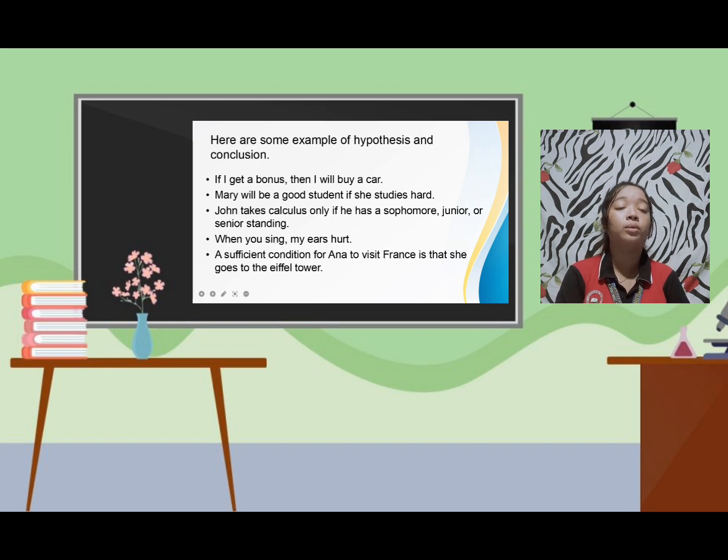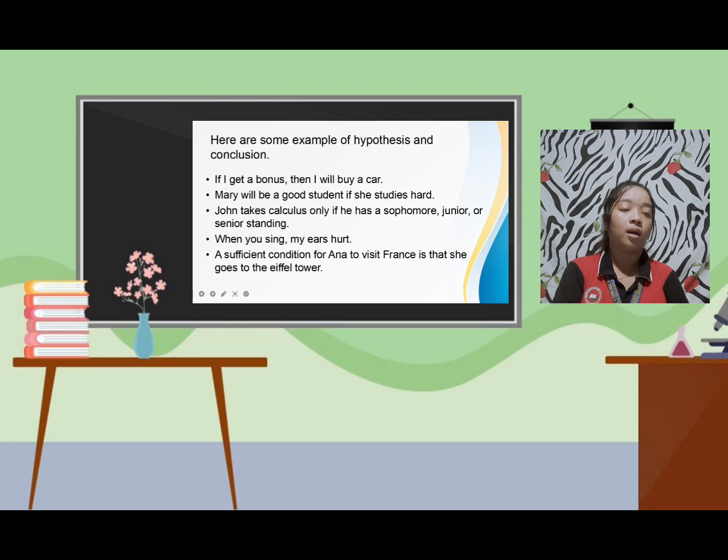Example number 2: Mary will be a good student if she studies hard. Do you think it is written as a conditional statement? We need to arrange it first into a conditional statement, which is: if Mary studies hard, then she will be a good student.